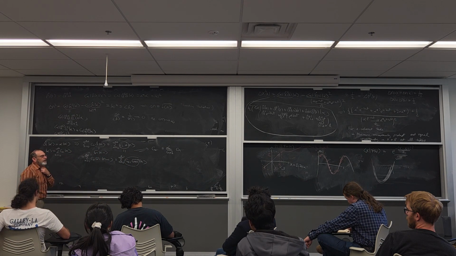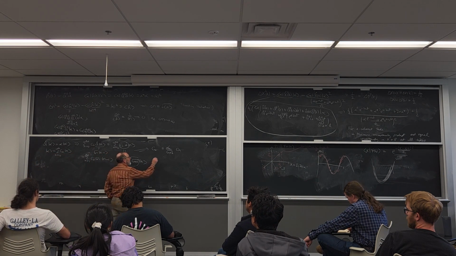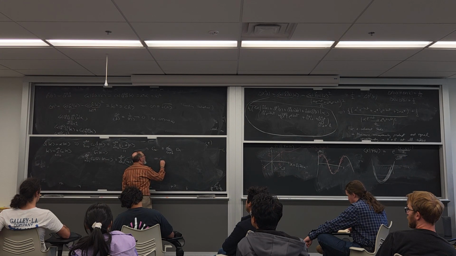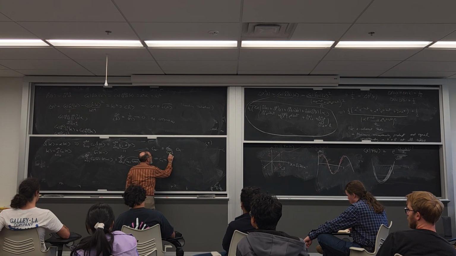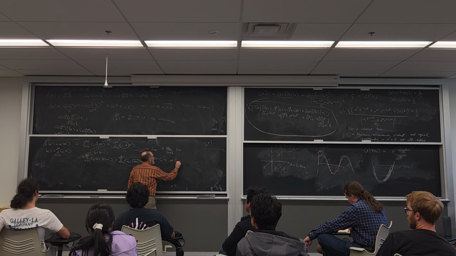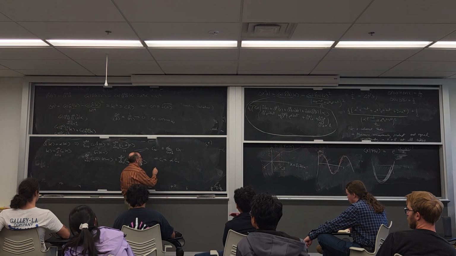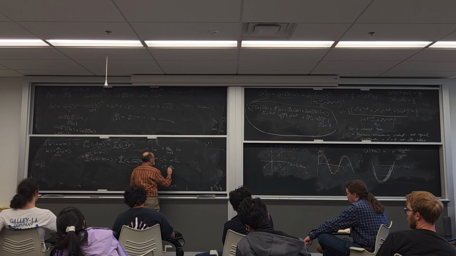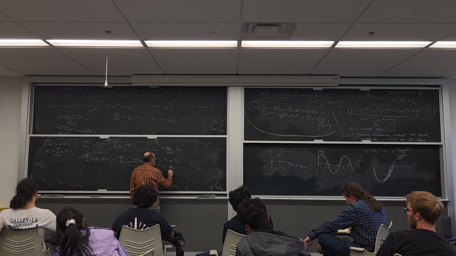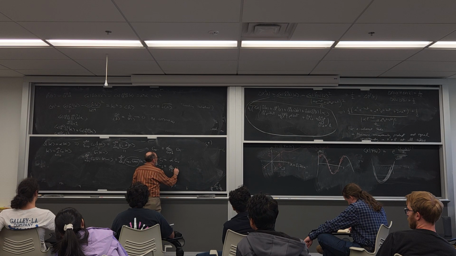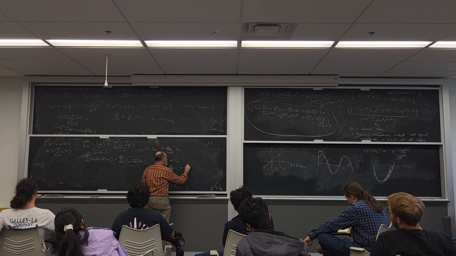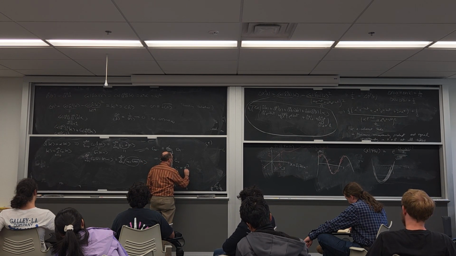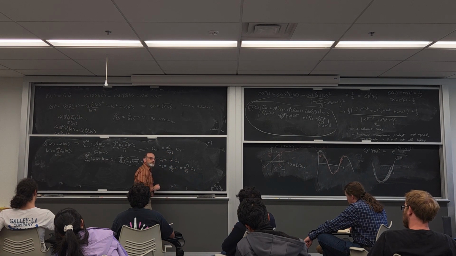Okay? So that tells me that C1 must be related to C0 like that. C2 is equal to alpha divided by the square root of 2 times C1, or alpha squared over root 2 times C0.